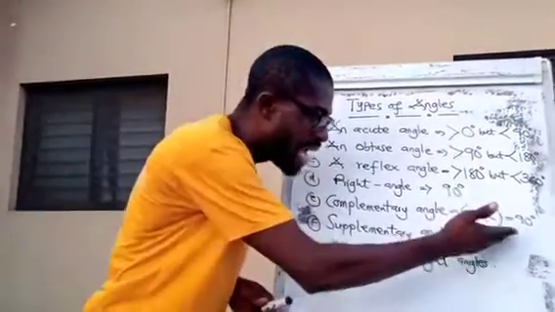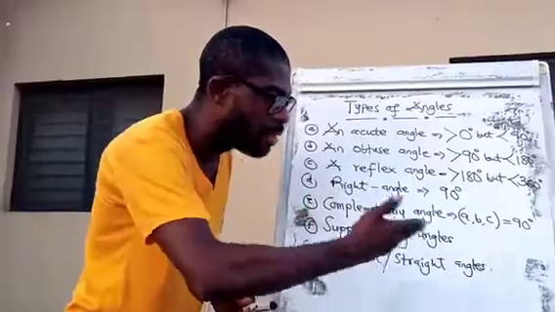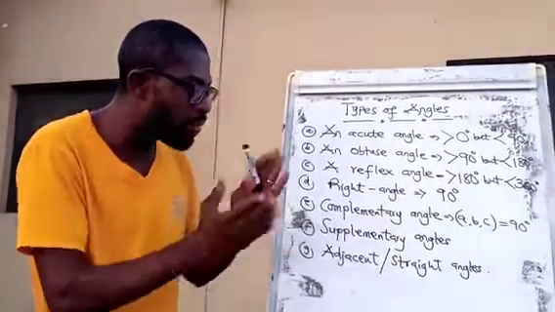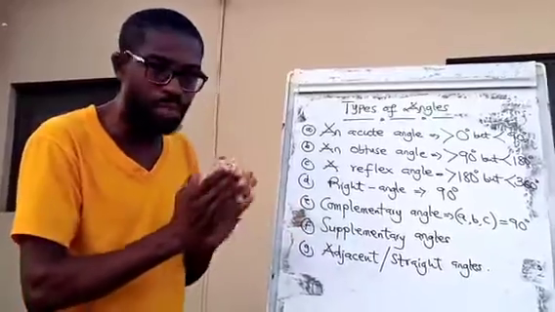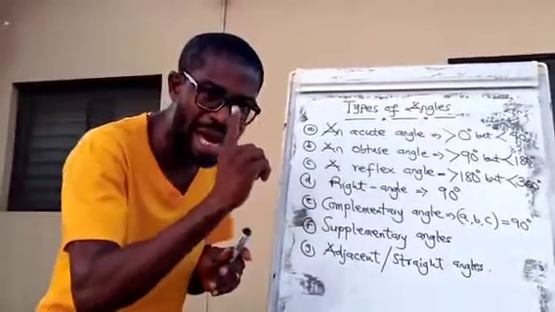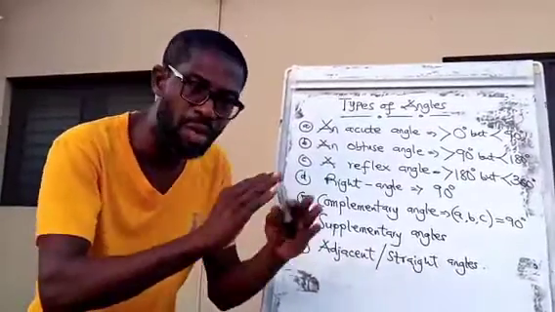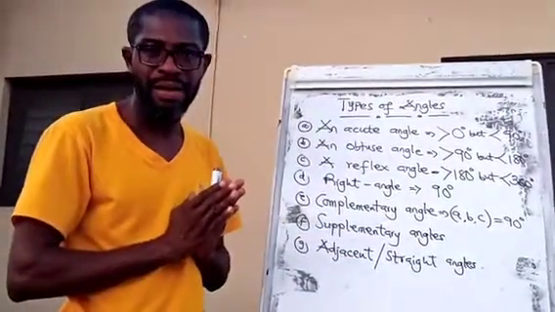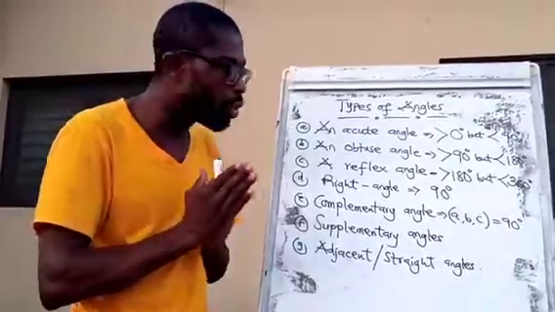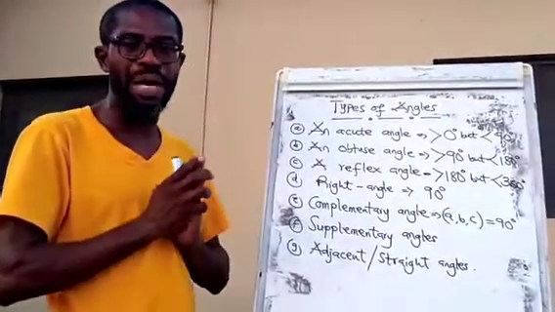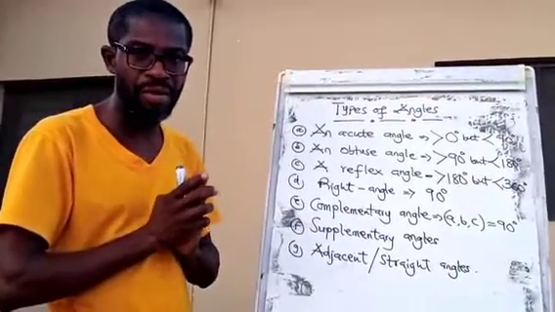With complementary angles, several angles add up to 90 degrees. So there is quite a difference between right angles and complementary angles. A right angle is a single angle, but complementary angles are various angles. When you put all of them together, their sum should give you 90 degrees. Then that is what is known as a complementary angle.